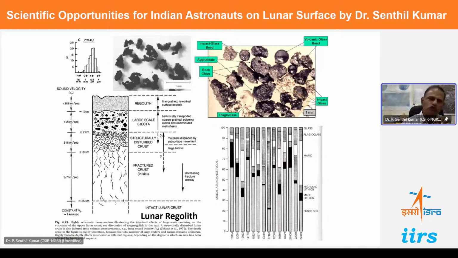That's a very small particle size, made up of impact glass, volcanic glass, agglutinates, and also rock chips. So this is fundamentally what the astronauts collect from the landing site. This regolith is also underlain by megaregolith, which is also composed of materials coming from different craters. Then you have a fractured crust.